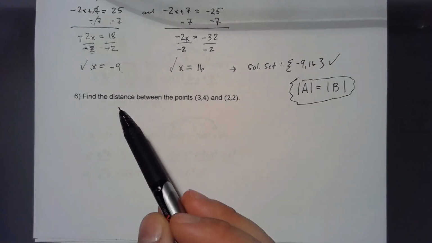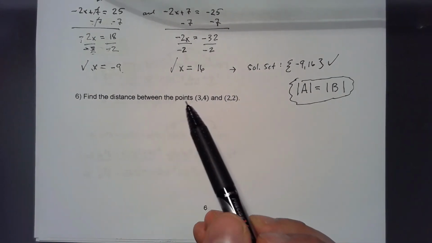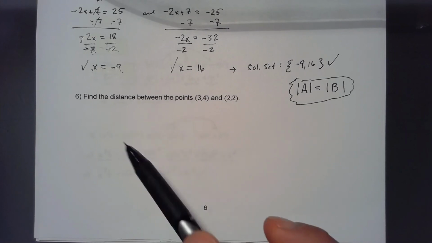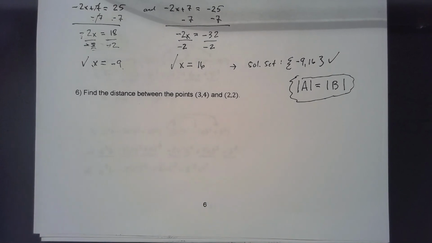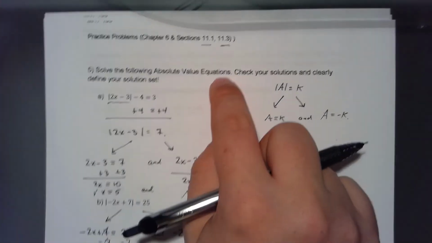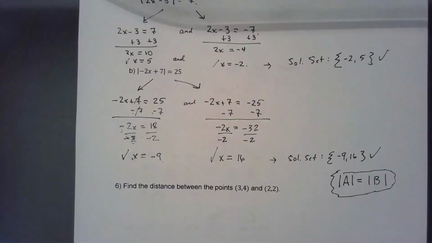I could ask you a Pythagorean theorem problem. I could ask you an equation of a circle problem. Just because I have it on here doesn't mean I will ask it. And just because you don't see it on here doesn't mean I won't ask it.